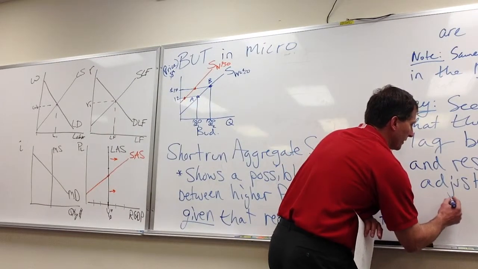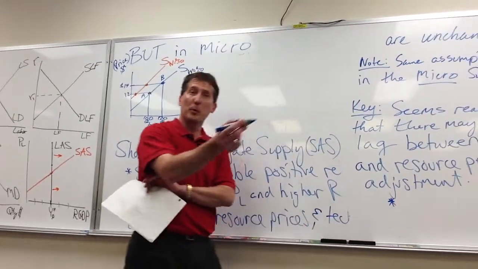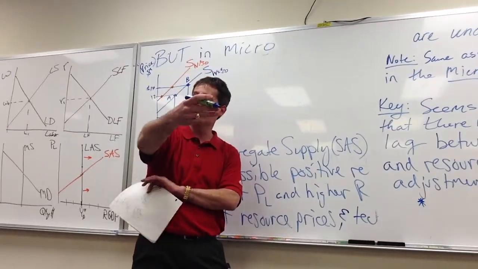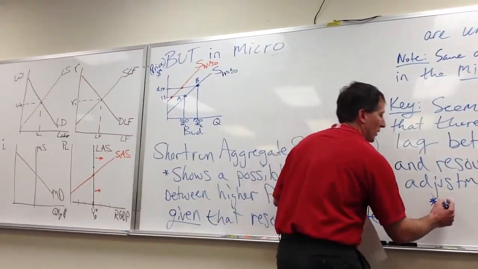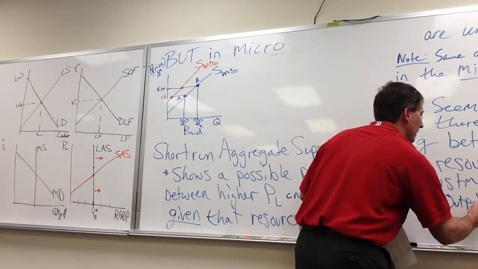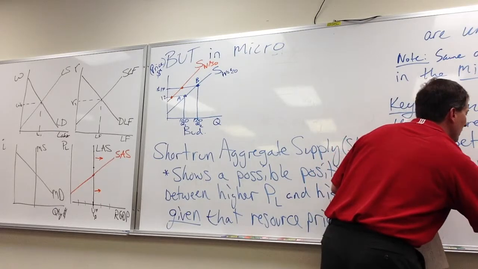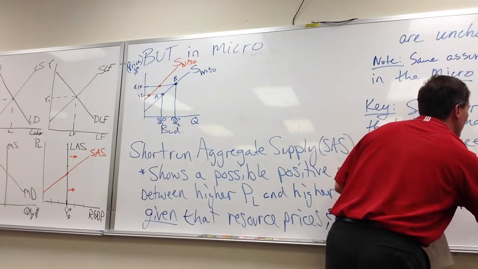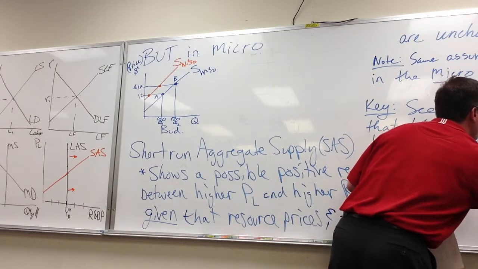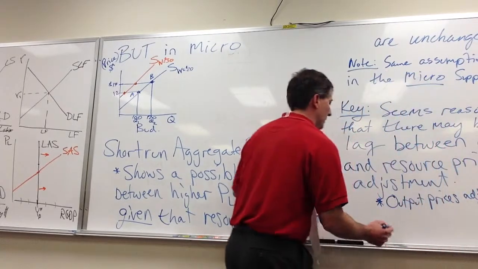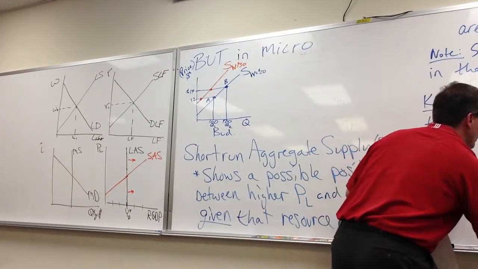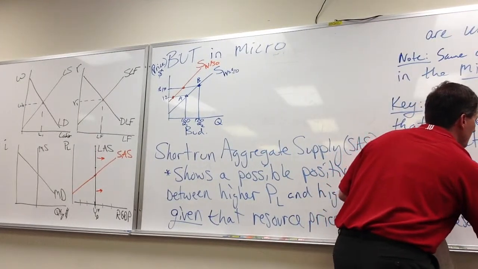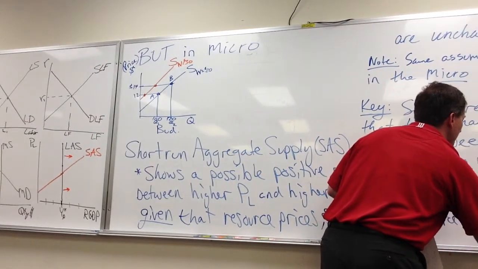The story would be that output prices adjust first, resource prices lag behind. So output prices adjust first, resource price adjustment lags behind.